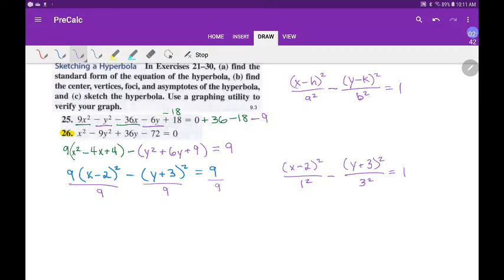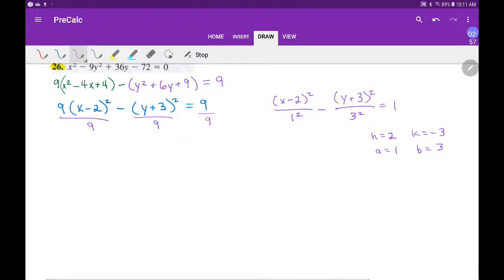So we have h is equal to 2, k is equal to minus 3, a is equal to 1, and b is equal to 3. And then I can find the foci. Since my equation has a negative sign, I know that the c does not. So c squared is equal to a squared plus b squared.